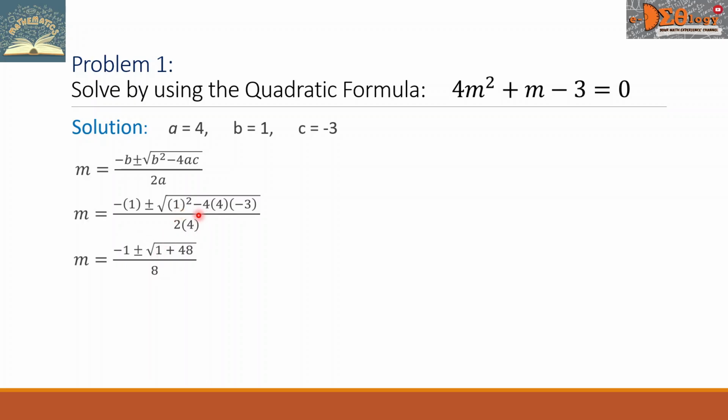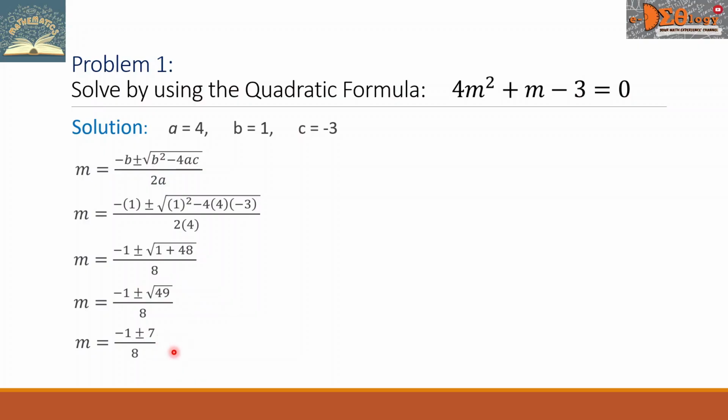Then we multiply negative 4 by negative 3. And that will be positive 48 all over 2 times 4 is 8. Inside this radical, we combine 1 plus 48. That will be 49. Then we simplify the square root of 49, and that is 7.